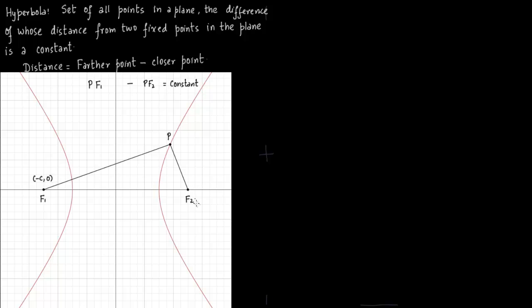So the focus F1 is (-c, 0), focus F2 is (c, 0). We have (0, 0), which is called the center of the hyperbola. This origin is called the center of the hyperbola.